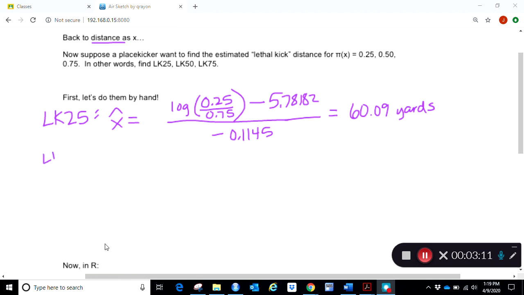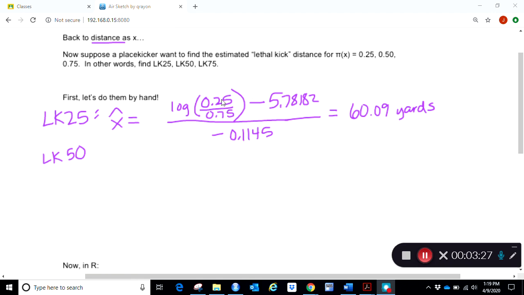Now we can do the same thing for a 50% chance. The only thing that's going to change in my formula are these two values, because I still have the same alpha hat and beta hat, because I'm still working with the same data set.